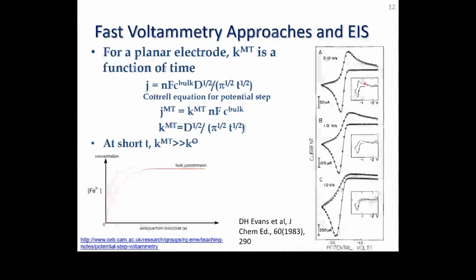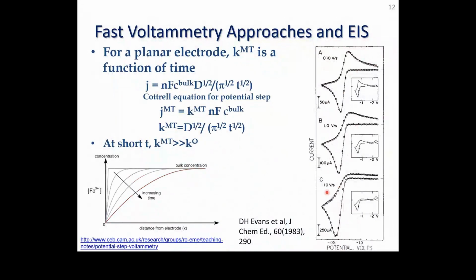And this is an example here where, I can't remember what the actual species was that they were looking at, but you're looking at this reduction, and when you do it at a slow scan rate, it looks fairly reversible. You see the reduction and then the reoxidation.